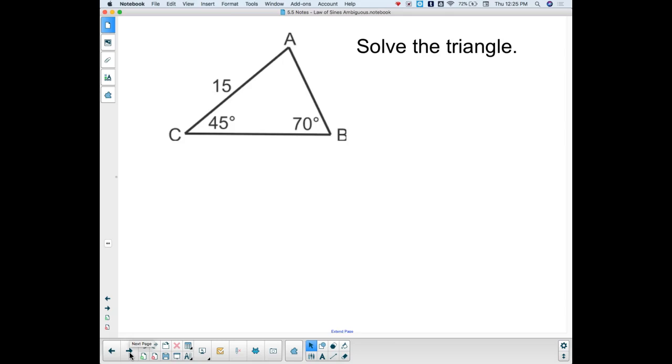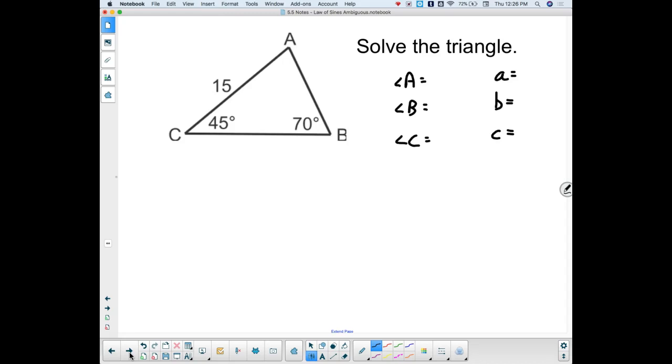By solving this triangle, what we are asking you to find is the measure of angle A, angle B, angle C, side A, which is opposite angle A, side B, which is opposite angle B, and side C, which is opposite angle C.